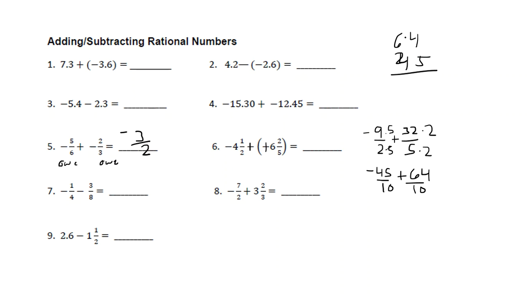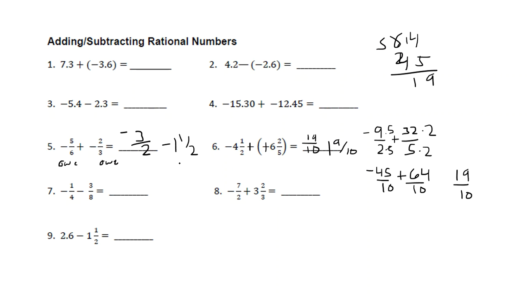You can't take 5 from 4. You have to borrow from the 6, make it a 5. 14 minus 5 is 9. 5 minus 4 is 1. So that ends up being 19 tenths. And if you want to change that to a mixed number, it would be 1 and 9 tenths. This one would have been negative 1 and 1/2.